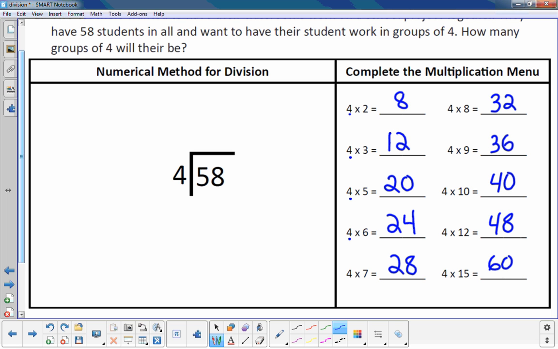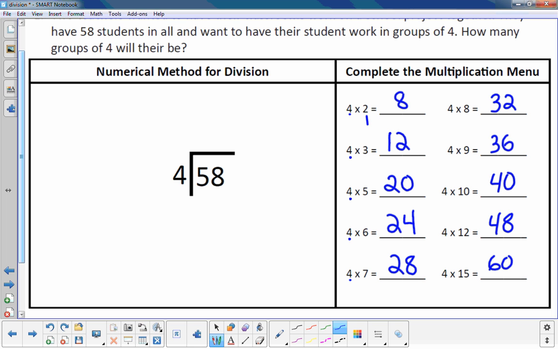And why is that? Because there's 4 students in a group. So the 4 represents how many students in a group, and the 2 represents how many groups. So 4 students in 2 groups is 8 total students. And in class we do talk about what do the numbers represent, because that is important in understanding these problems.